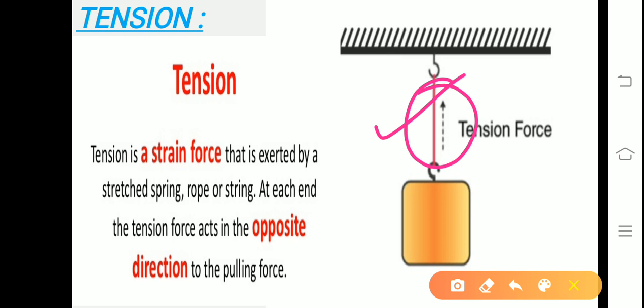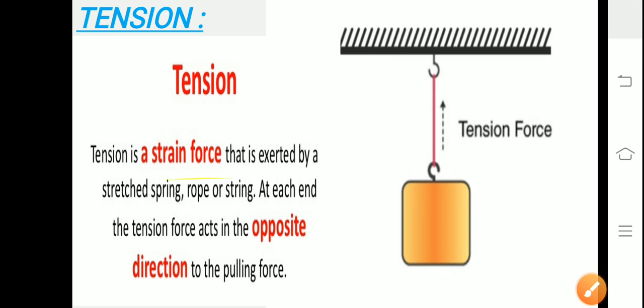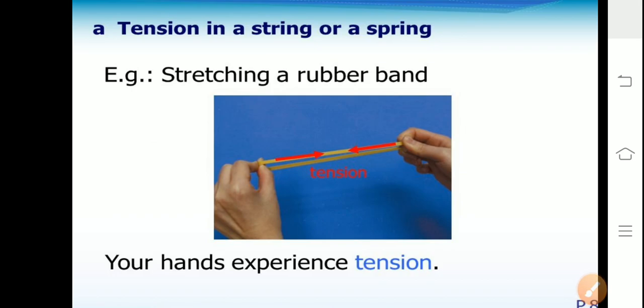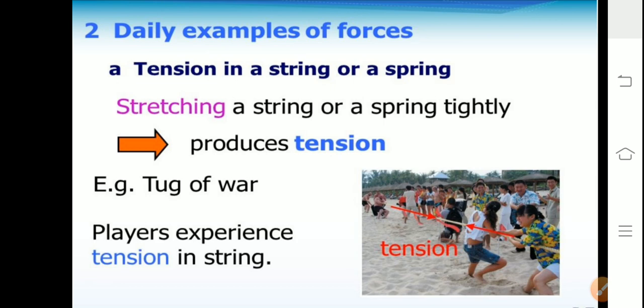Let me give some other examples of tension force. Here is stretching a rubber band. When you stretch a rubber band as shown in the figure, your hands will experience the tension force. In the same way, have you heard about the tug of war? The figure shows tug of war. Here two groups are pulling the rope, right?